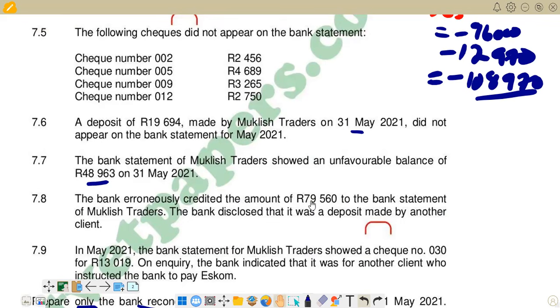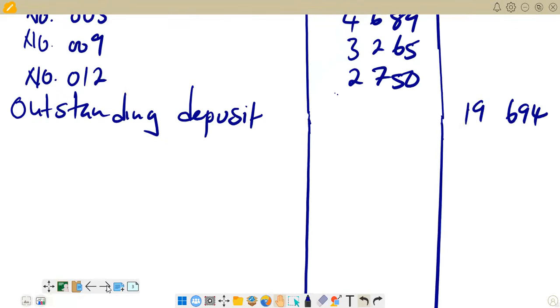And how do we correct it? It's on the credit side of the bank statement, so we correct it by going to the opposite side, that is, we debit it, so that to remove it. So that we go there, and then we enter that one, which is 79,560. Then this one, we can give a description of saying it's a credit bank error.